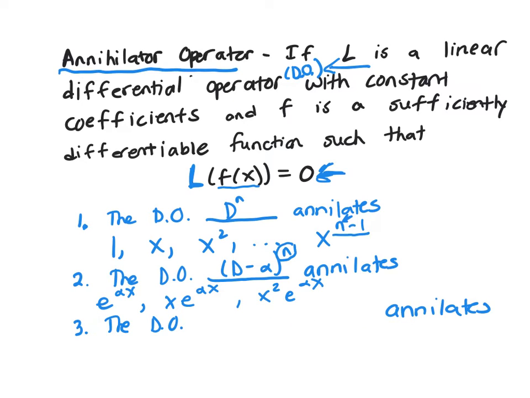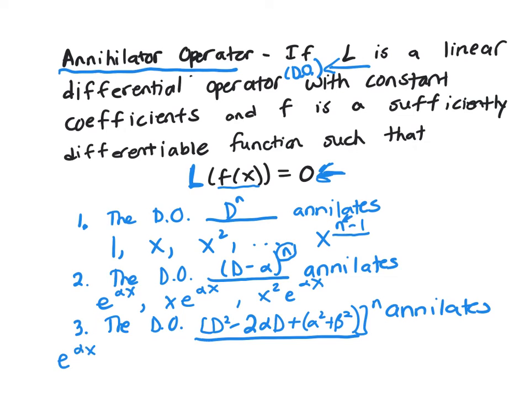The differential operator (d squared minus 2 alpha d plus alpha squared plus beta squared) raised to the n annihilates anything that looks like e to the alpha x cosine beta x, or x e to the alpha x cosine beta x.